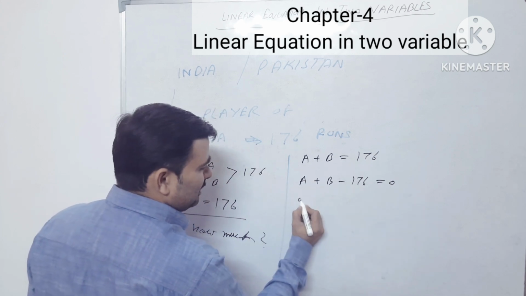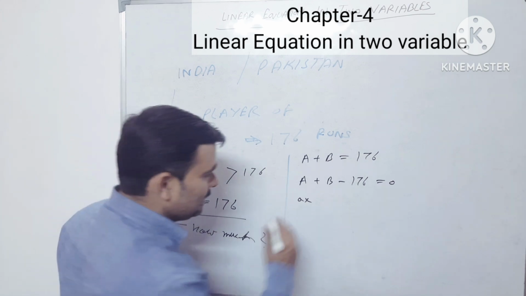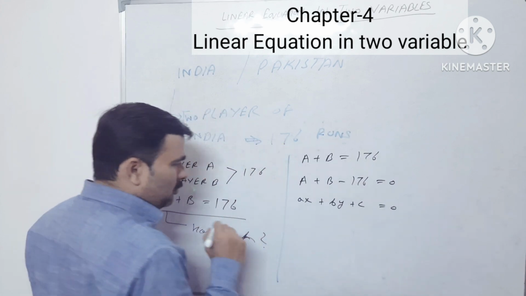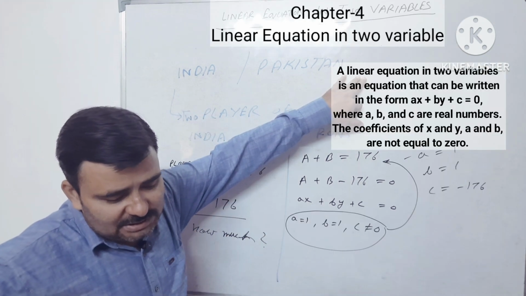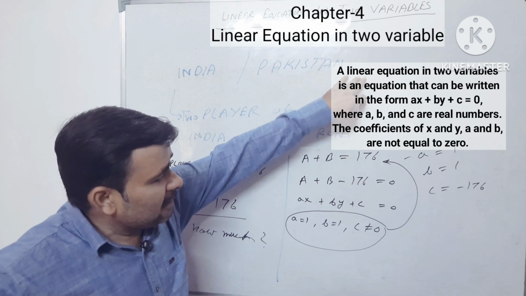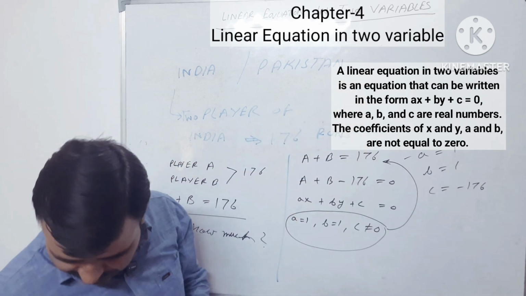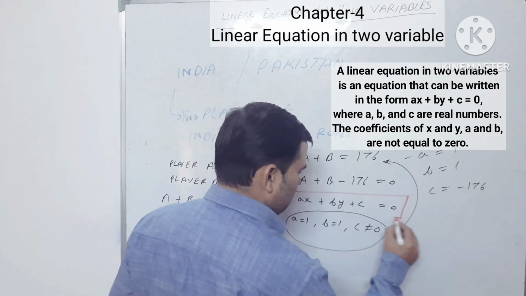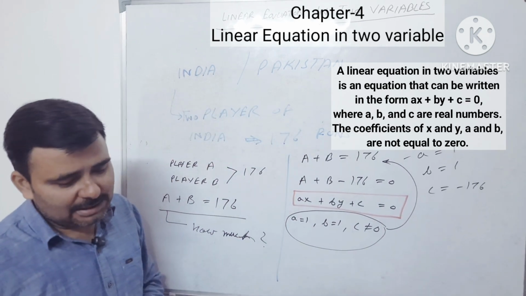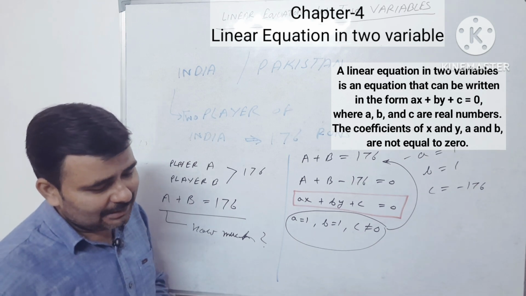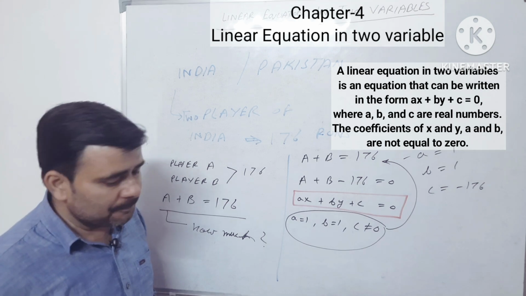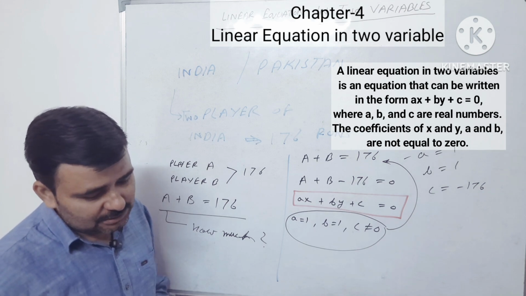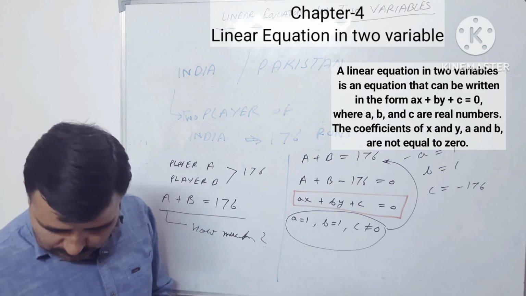This term can be represented as Ax, this term as By, and this term as C. So any equation which can be put in the form Ax plus By plus C, where A, B and C are real numbers and A and B are not both 0, is called a linear equation in two variable.